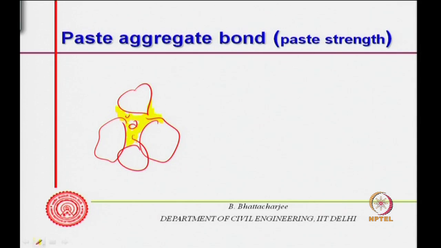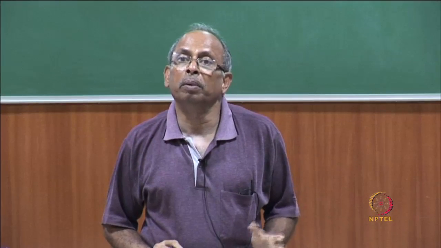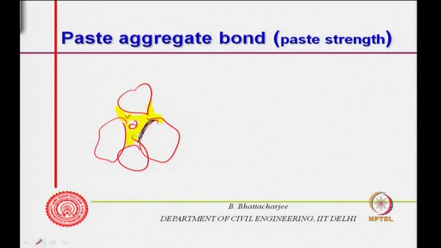So, this bond is very important, and yesterday we said that the aggregate paste interface plays a very strong role. Therefore, one has to look into what governs the paste aggregate bond. So, let us have a look at that and how it affects the concrete strength.